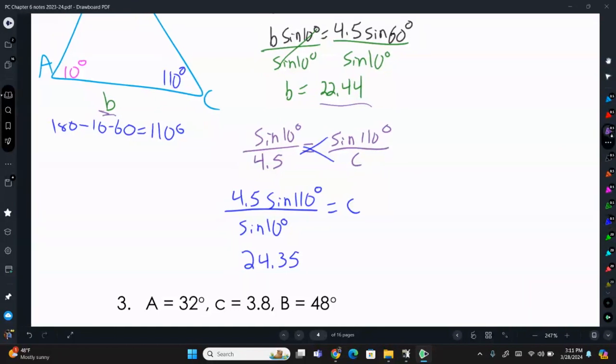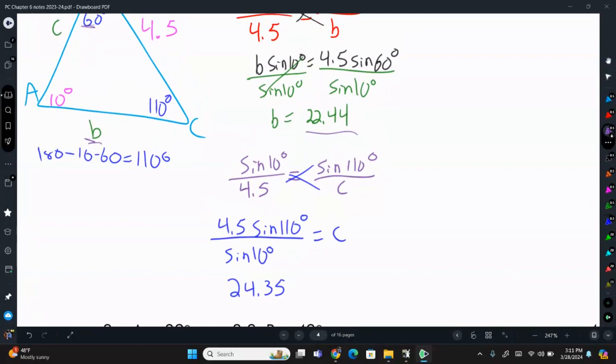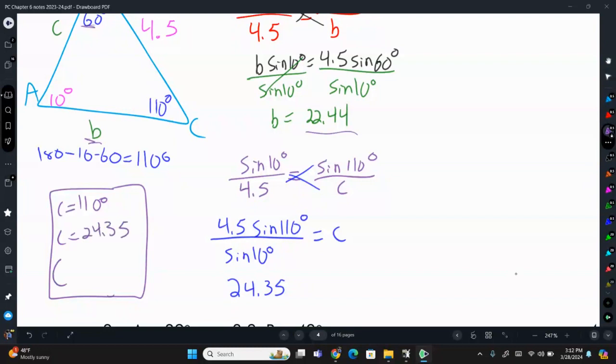So then we want to just write down our information here. Angle C was 110 degrees, side C was 24.35, and side B was 22.44.